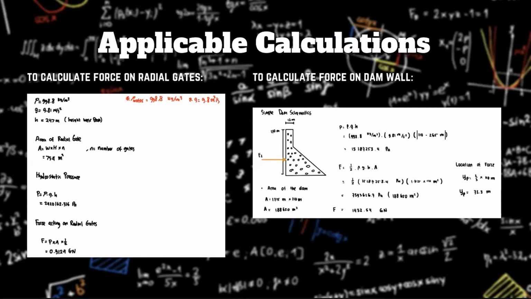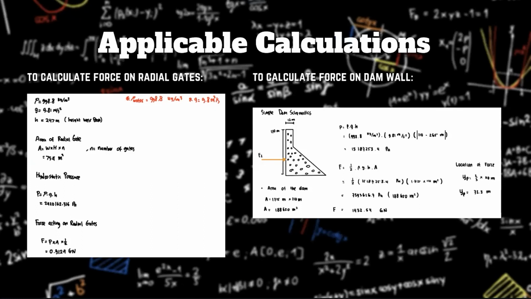For the calculations on the force of the radial gates, firstly we have to find the hydrostatic pressure exerted by the water on the radial gates. Assuming the density of water is 998.8 and gravity is 9.81, we calculate the hydrostatic pressure, which is rho g h, and the h we use is the height of the weir peak, which is the elevation. The hydrostatic pressure we obtain is about 2.42 megapascal.